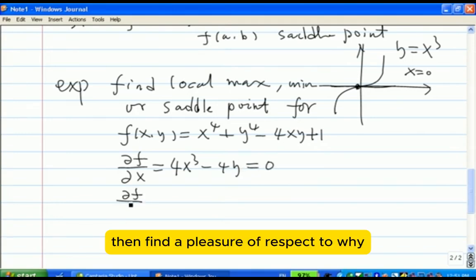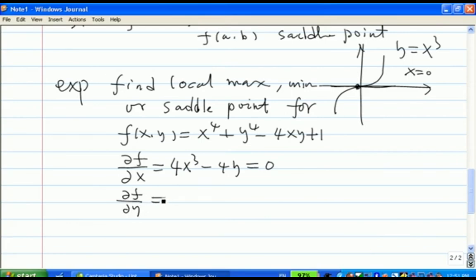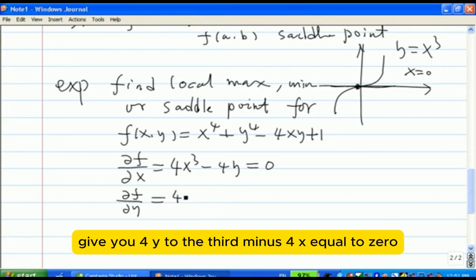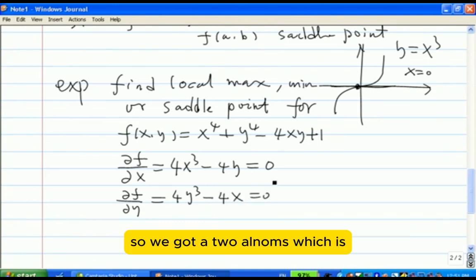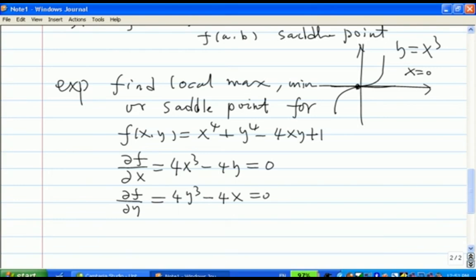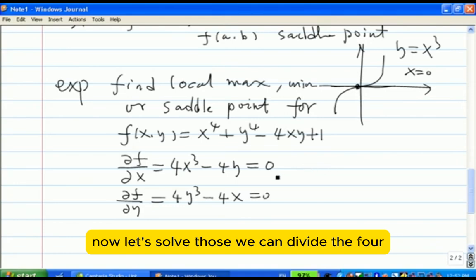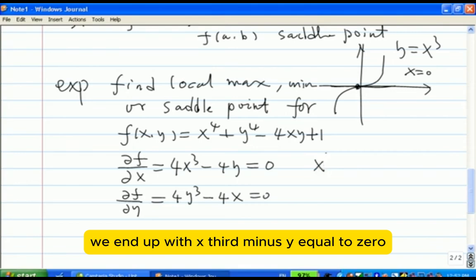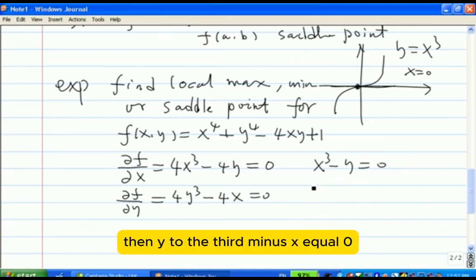Then find the partial f with respect to y. This time you treat x as a constant. It gives you 4y to the third minus 4x equal to 0. So we have two unknowns, x and y, and two equations. Now let's solve those. We can divide the 4 out of the first and second equations. We end up with x to the third minus y equals 0, then y to the third minus x equals 0.